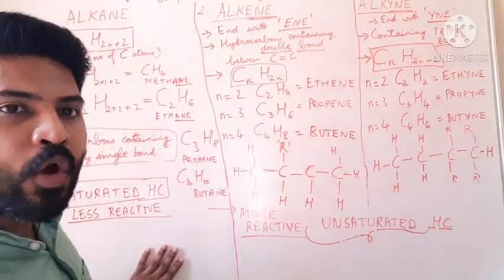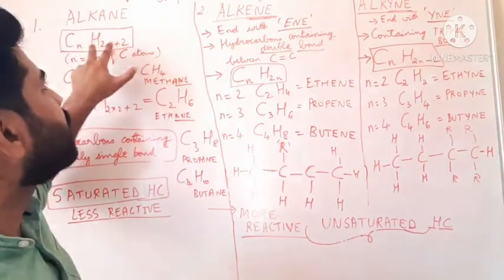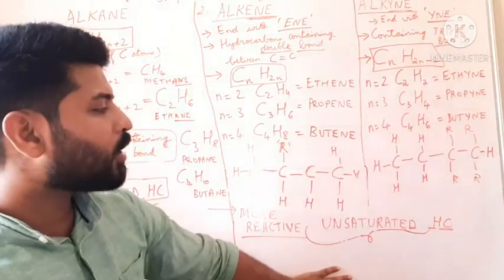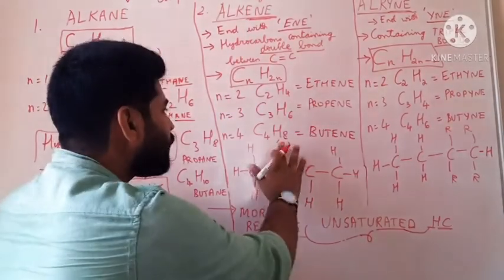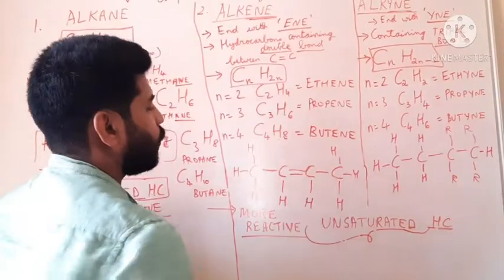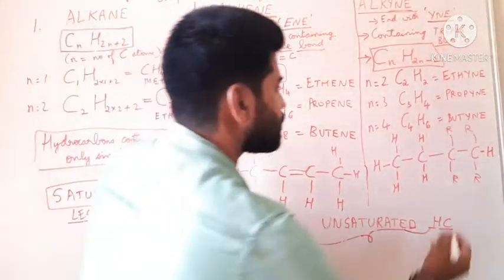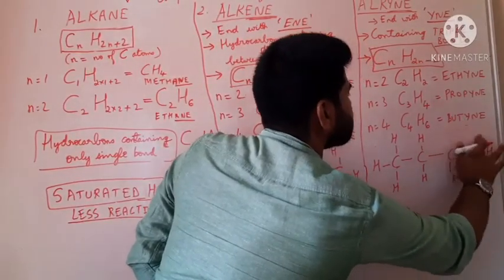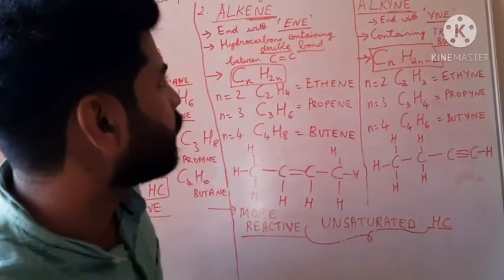Hydrocarbons are saturated and unsaturated. Saturated hydrocarbons are called alkanes. They contain single bond only and they have the general formula CnH2n plus 2. Unsaturated hydrocarbons could be alkene or alkyne. Alkenes contain at least one double bond, whereas alkynes contain one triple bond at least.